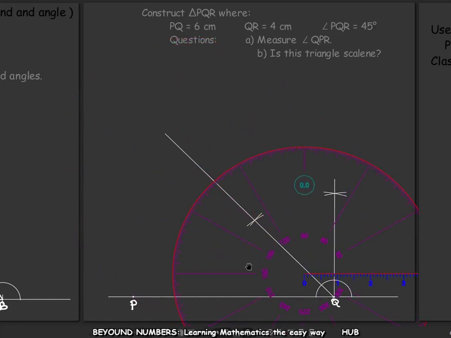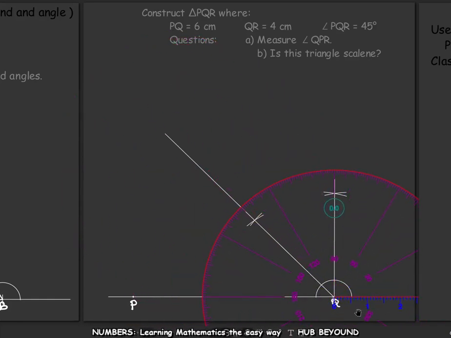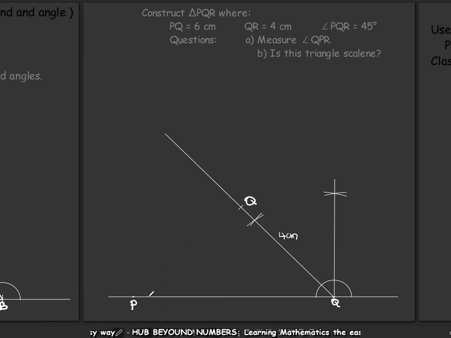So I just come down here, my compass pin at Q. I draw an arc over here, and that is the indication of my R. I put that there, R. Then I can put 4 centimeters over here. After which I now join R to what? P to R. So I'll join my P to my R. And that is just it.